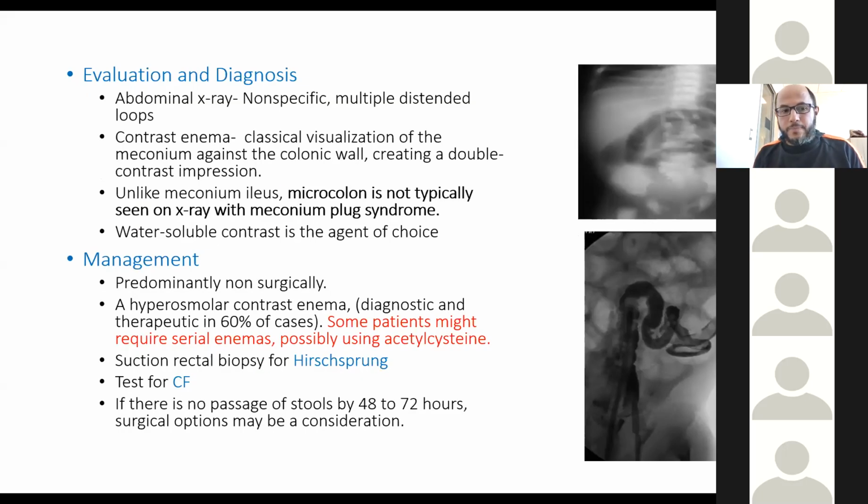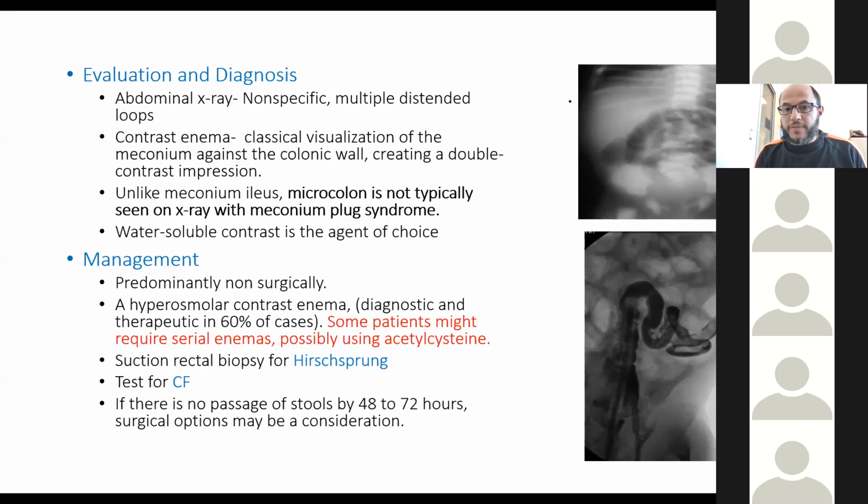How do we diagnose? We said we're going to do an x-ray and the contrast enema. We usually give hyperosmolar or water-soluble contrast enema. And the majority of the time, when you flush, it's going to come out.